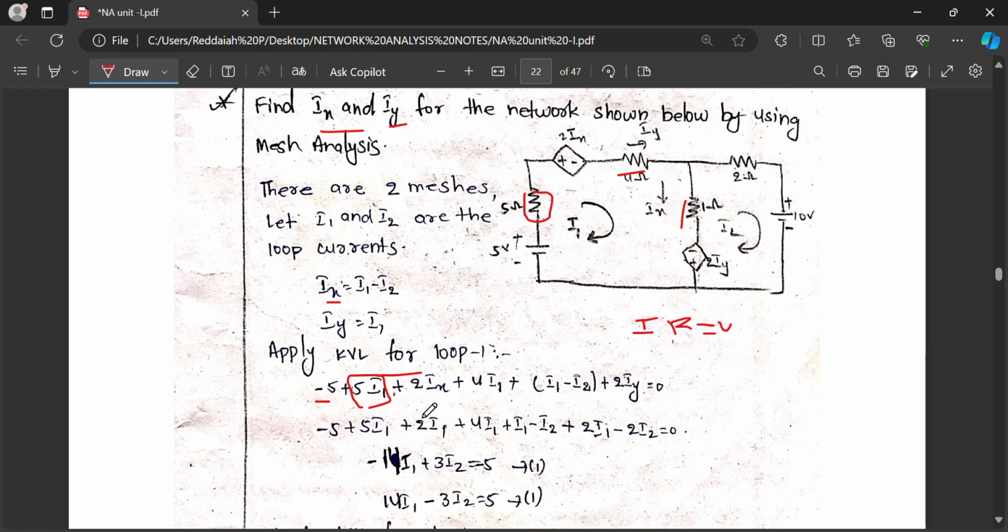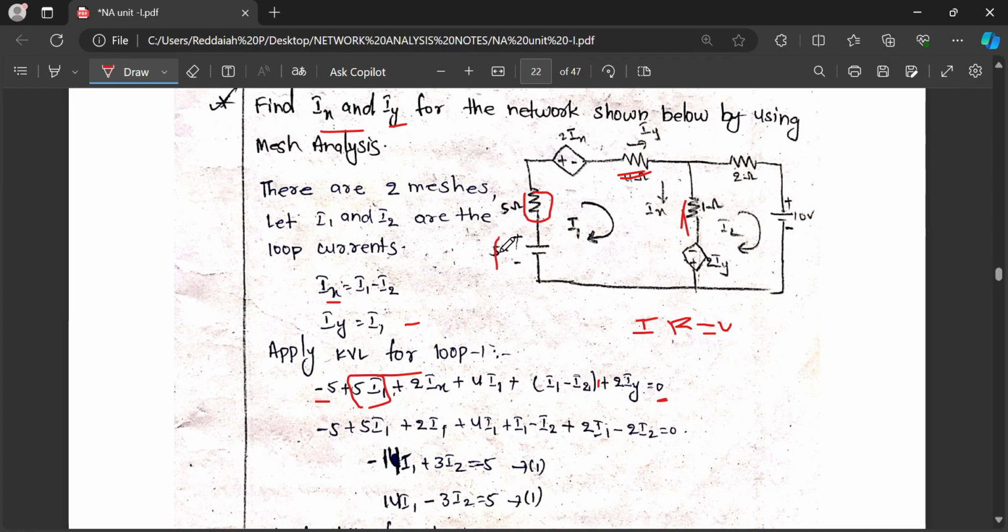By using Ohm's law: 5I1 plus 2Ix plus 4I1. What is the current flowing in the 4 ohm? I1, since Iy equals I1. So you can write 4I1 plus (I1 minus I2) into 1 ohm, plus 2Iy, equal to 0.